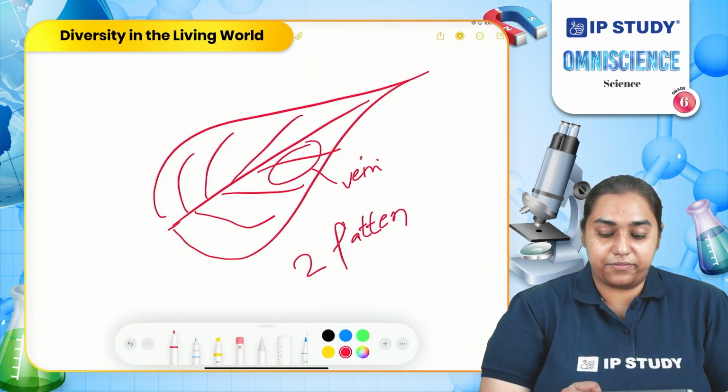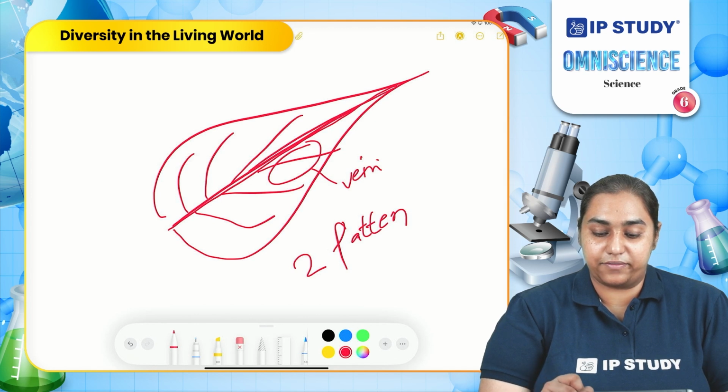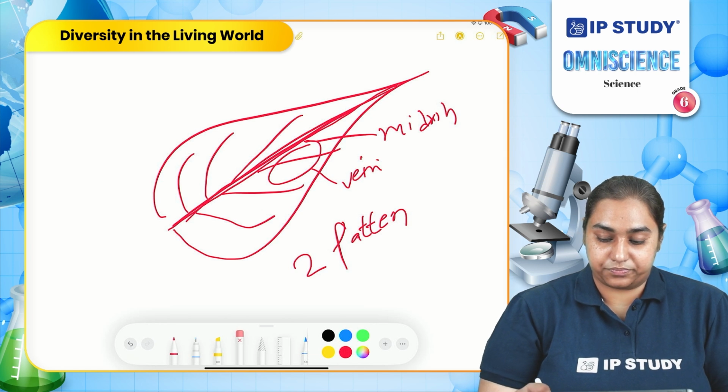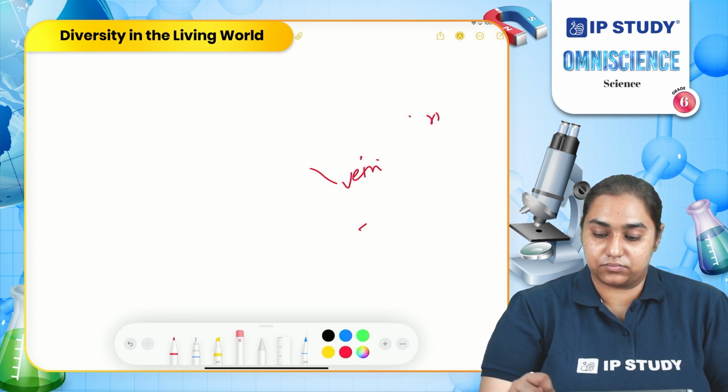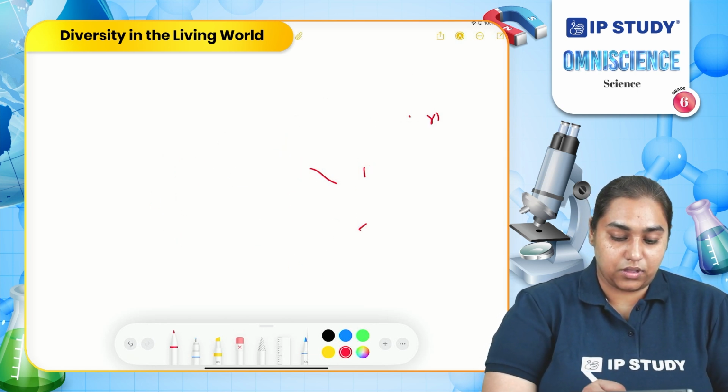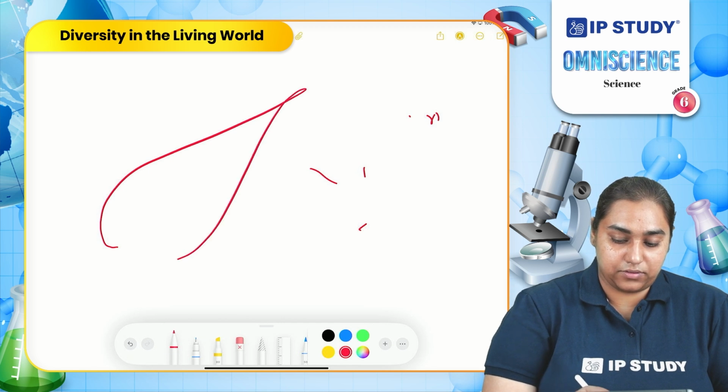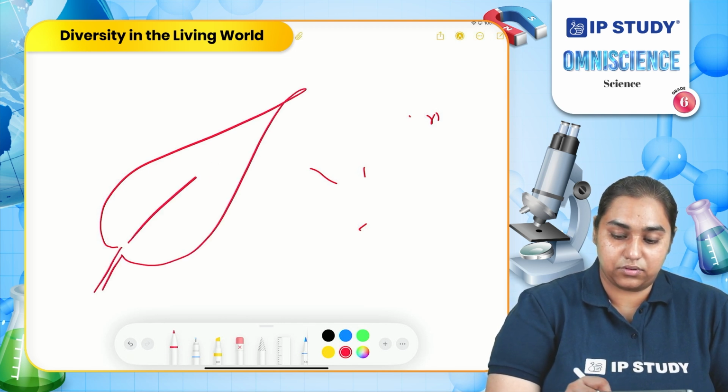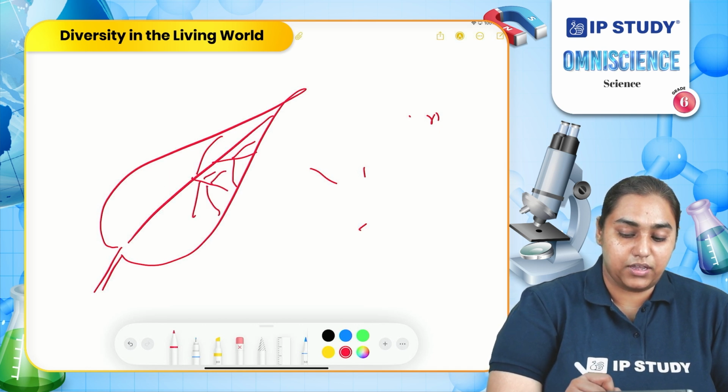The central vein of the leaf is known as midrib, right? So, if in the leaf a net-like structure is formed, a network formation is made by veins, then this network formation is reticulate venation.